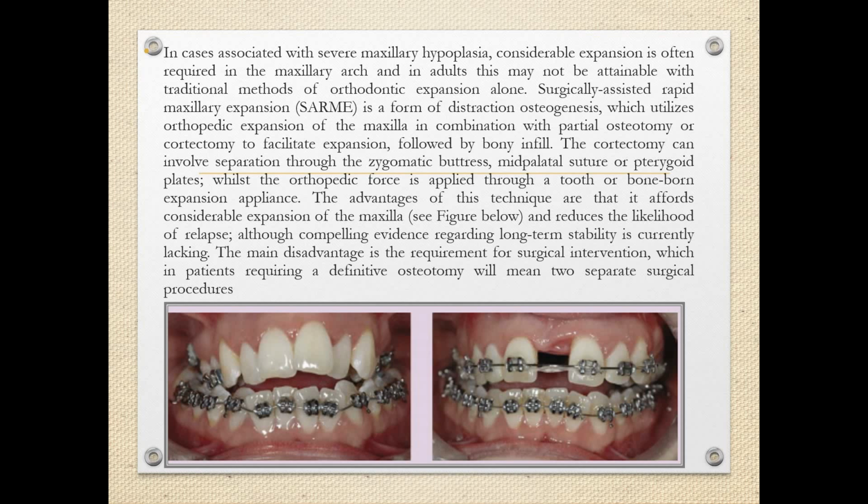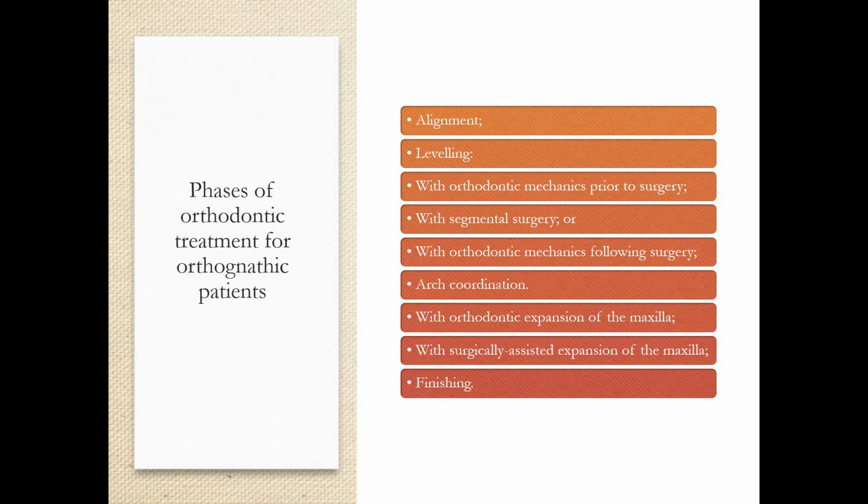These aims are achieved within a number of overlapping phases, primarily during pre-surgical treatment through orthodontic tooth movements. Also, occasionally, some surgical intervention may be required, particularly for expansion or leveling of the maxillary arch.